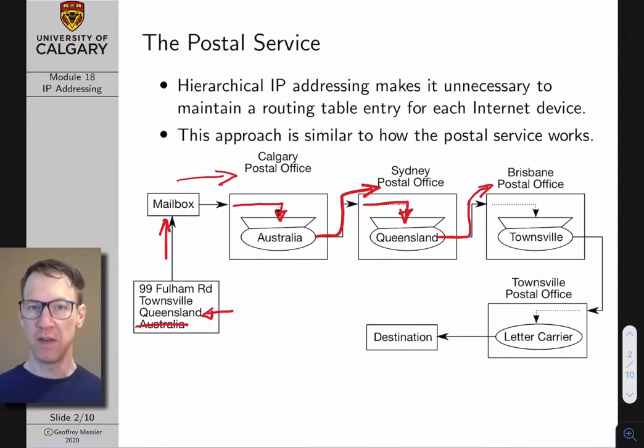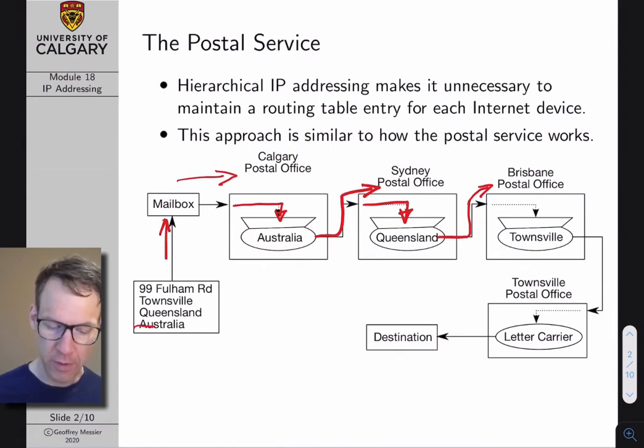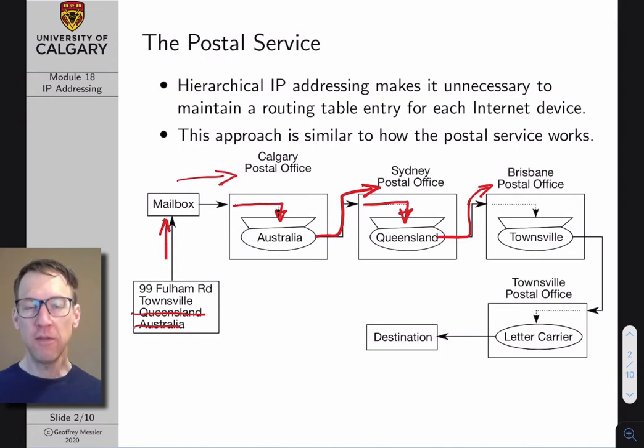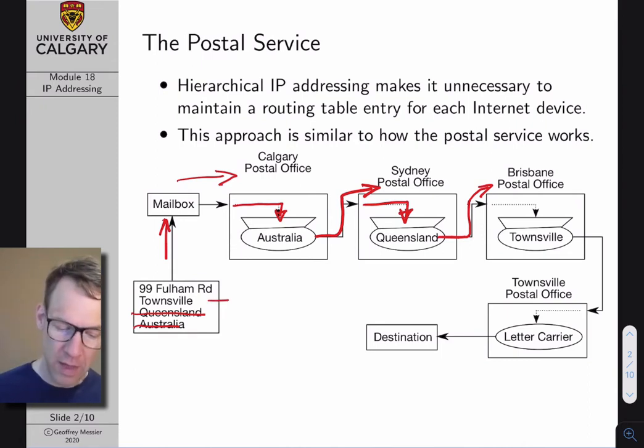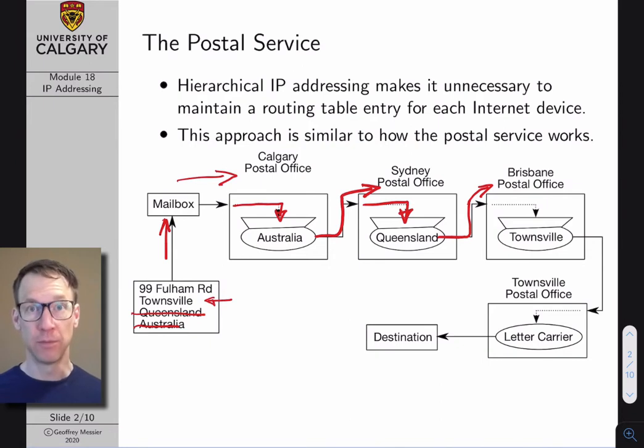And again, we have another letter sorting facility. At that facility, the sorting staff people don't have to look at the country because they know they're in Australia. They don't have to look at the province because they know they're in Queensland. This is the point where we start to look at the next level of the address, which is the town.